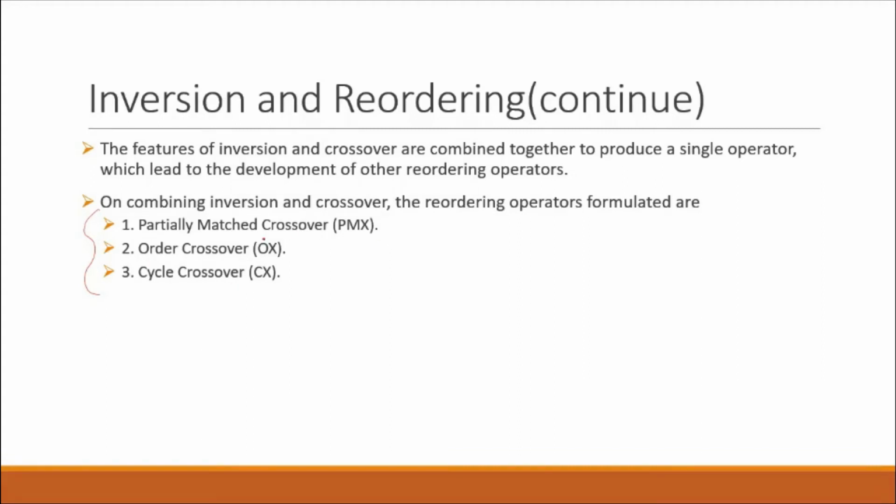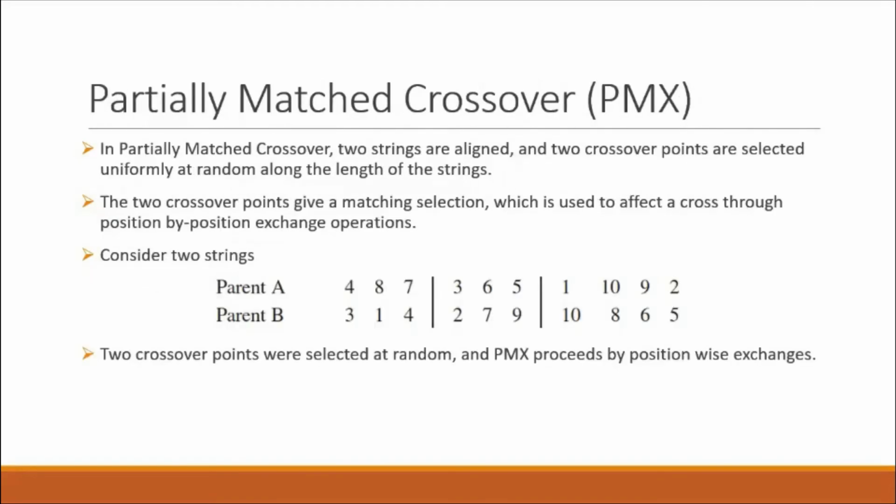Somebody has already described the partially matched crossover, and I think I have already discussed the order crossover, and even if we haven't, I will discuss it today, and then the cycle crossover also. In the partially matched crossover, 2 strings are aligned together, and then 2 crossover points are selected, uniformly and randomly.